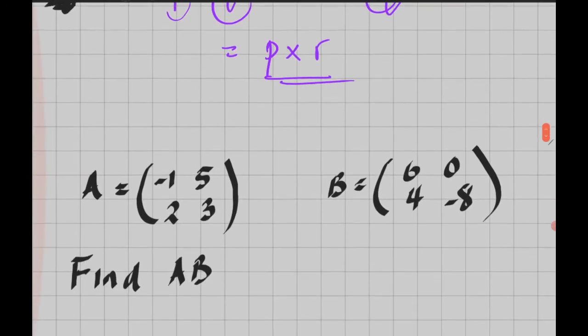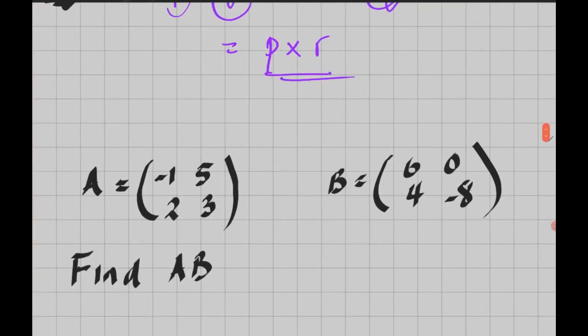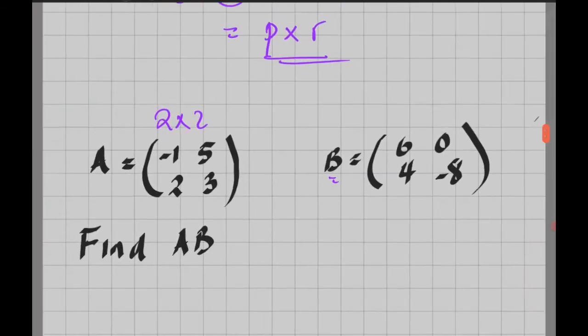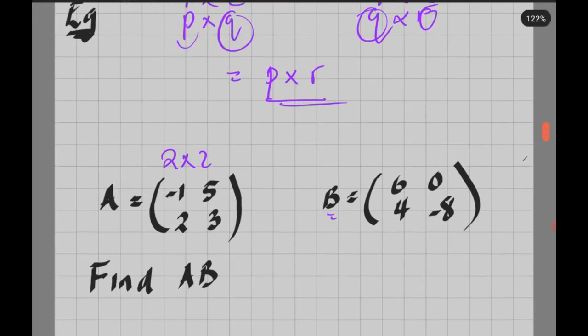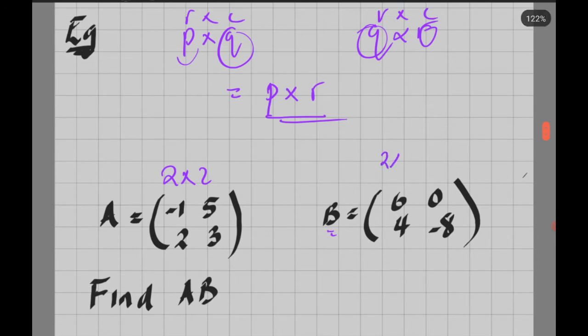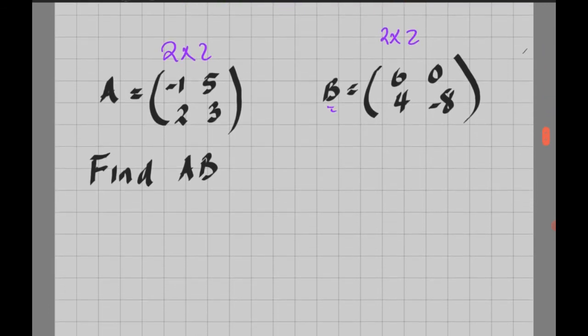So let's move on to an example. So we've got matrix A, which is in the order of 2 by 2, and matrix B, which is in the order of 2 by 2. So let's find the product of AB. So you see, this matrix has the same number of columns in the first matrix and the same number of rows in the second matrix.